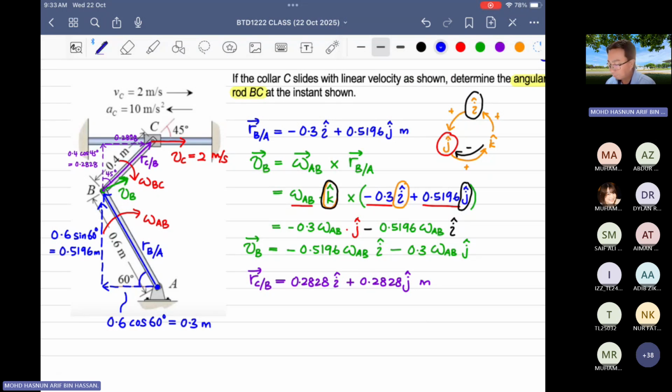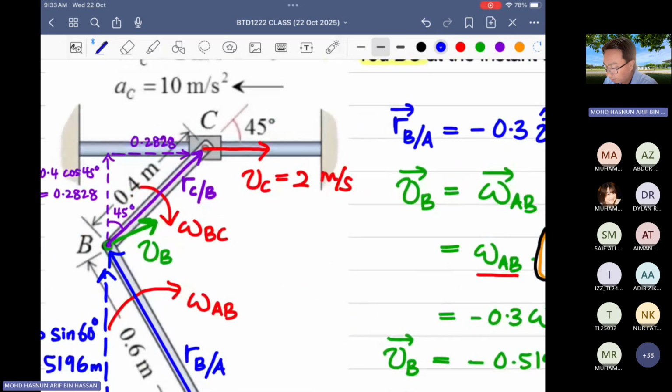Now comes the part that we just learned before, which is the formula for general plane motion. Now what we want to write down is V C. Look at this figure here. You have point C here and point B here. Why is this general plane motion?